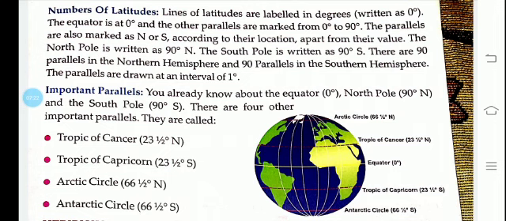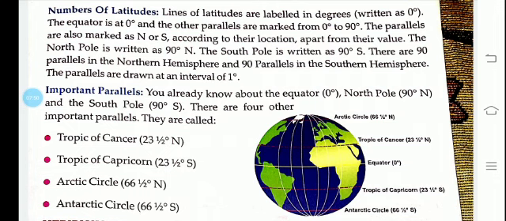But if it is in the southern hemisphere, it will be written as 90 degree south or 66 degree south, that is S. The North Pole is written as 90 degree N. The South Pole is written as 90 degree S. So there are 90 parallels in the northern hemisphere and 90 parallels in the southern hemisphere. The parallels are drawn at an interval of 1 degree.